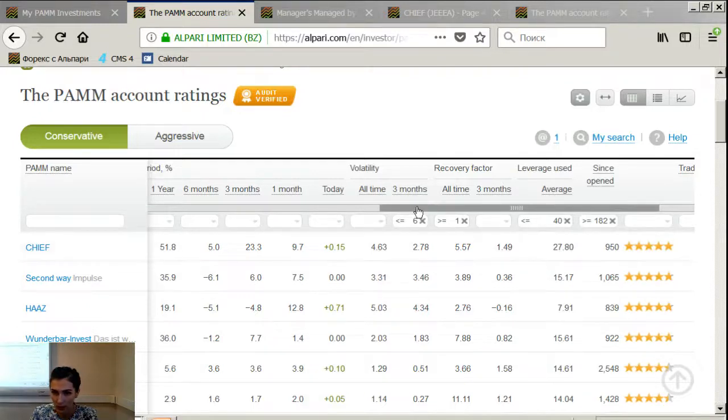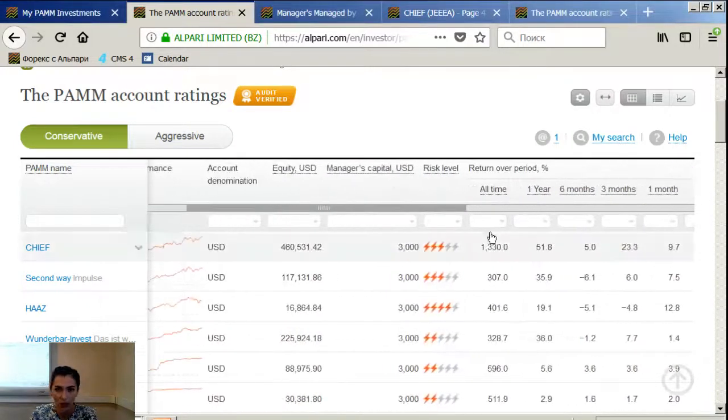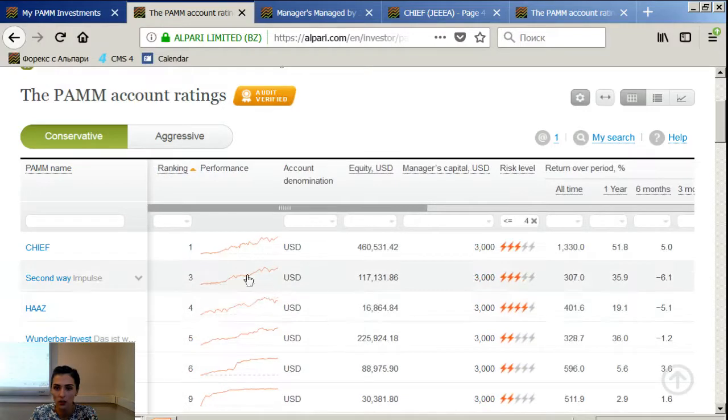And what else? We can put here a risk level less than 4 units, and choose the denomination of the PAMM account where we would like to invest in. For example, it could be dollars.